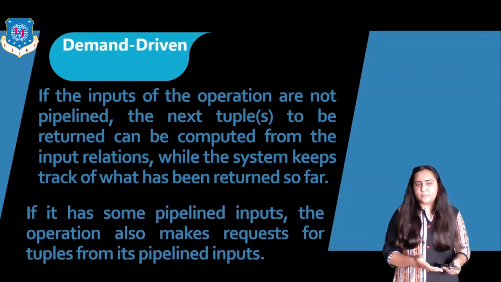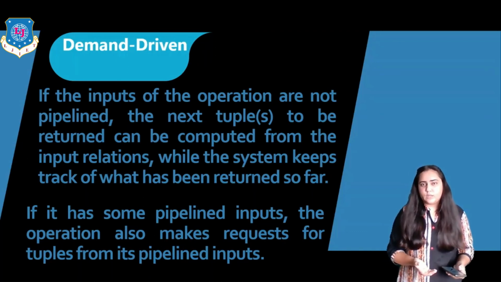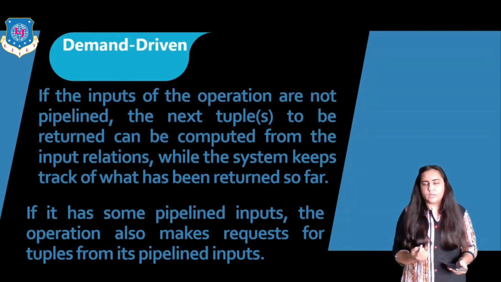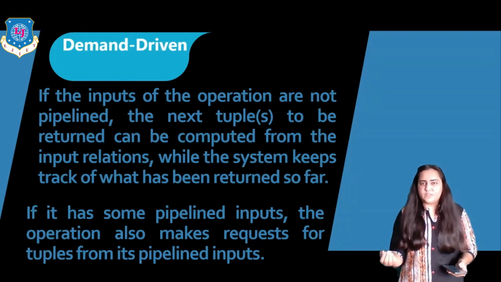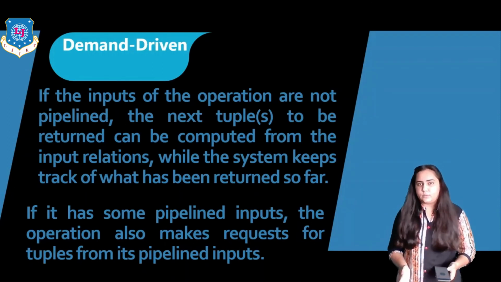If it has some pipelined inputs, the operation also makes requests for tuples from its pipelined inputs. So sometimes when you're performing an operation like a natural join, it is not wise to perform natural join with just one single row and an entire table.